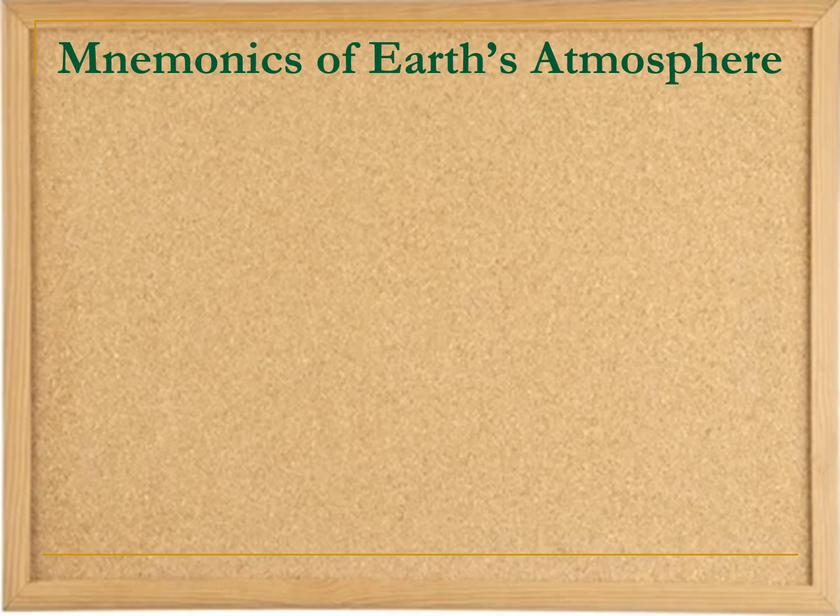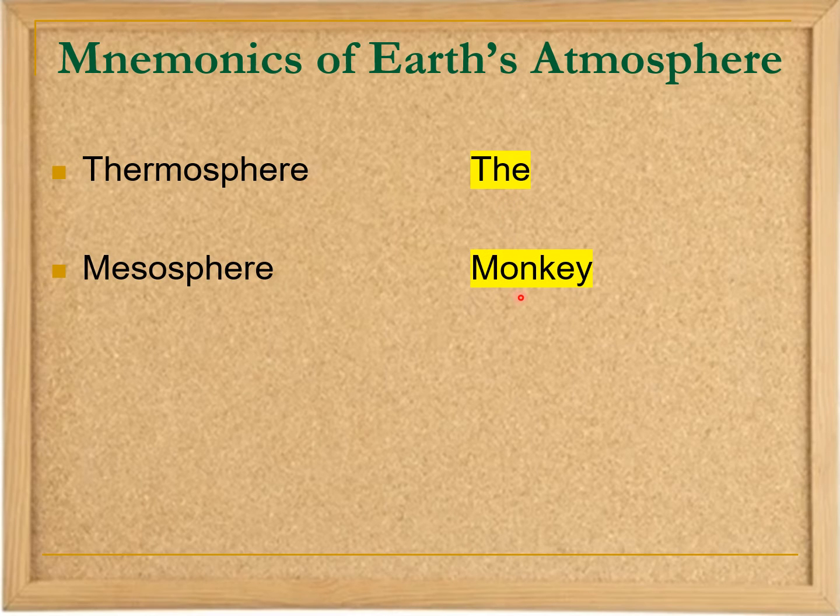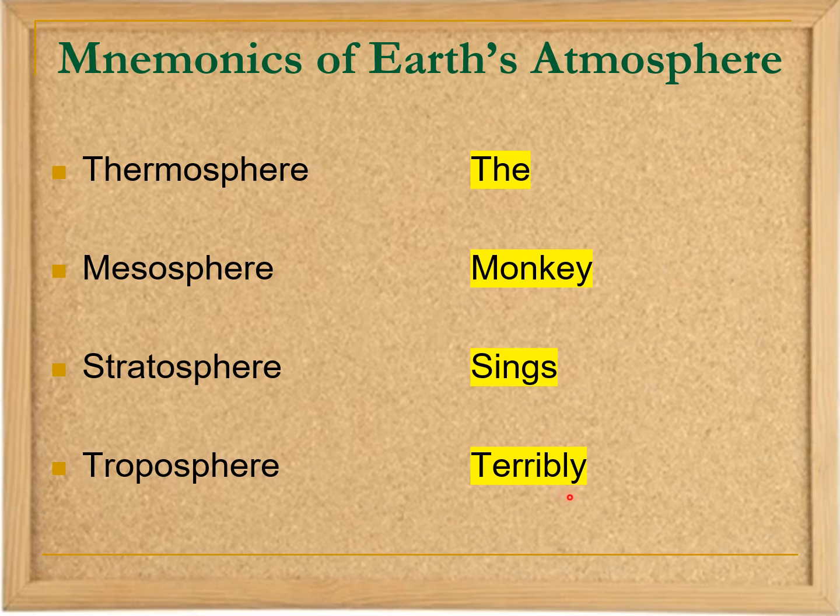Before we go to each layer, let me share some tips on how to remember the correct arrangement of the Earth's atmosphere, starting from the top going to the bottom. We call it a mnemonic. The mnemonic goes like this: The monkey sings terribly.